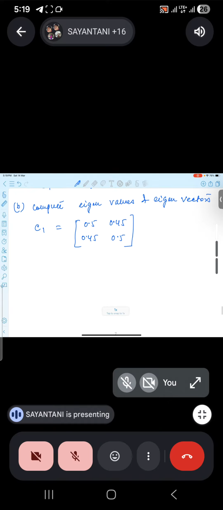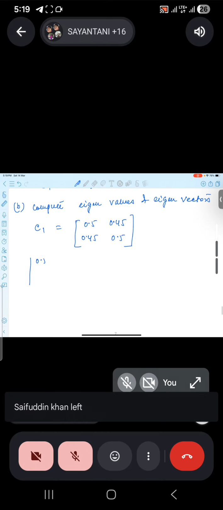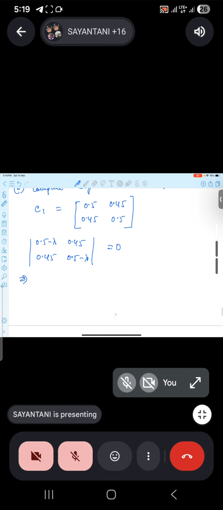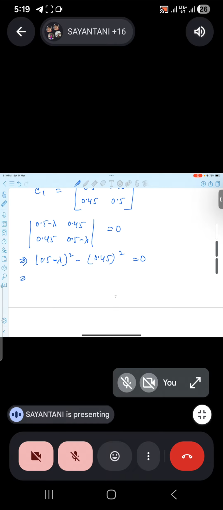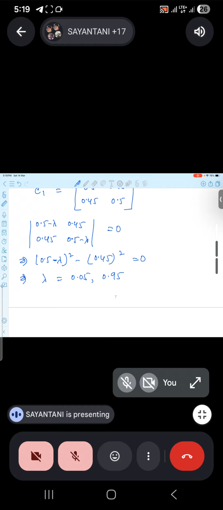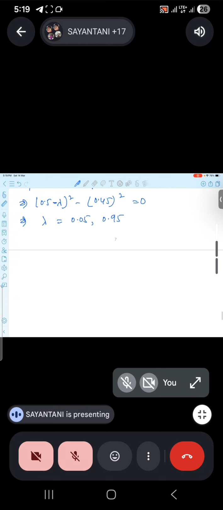You know how to calculate eigenvalues, and equate this to 0. Right. And once you solve this, you will get the values of lambda. These are your eigenvalues. So corresponding to each eigenvalue, you have to calculate the eigenvector.